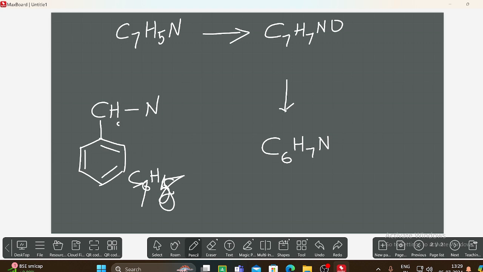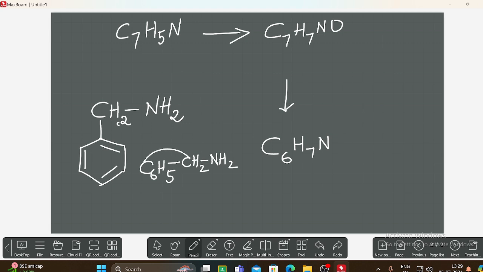Nitrogen will not exist separately, which means definitely NH2 is needed. If one bond is here, other bond is here, so 2 hydrogen, then the formula must be C6H5CH2NH2. Which means C7, H5 only given, but 4 hydrogens are extra.